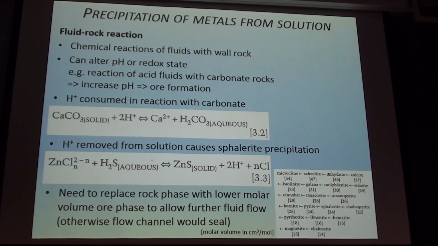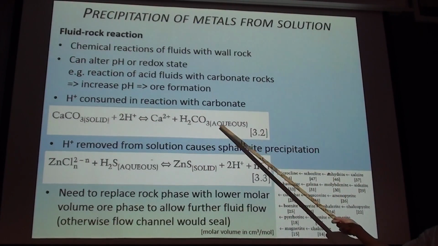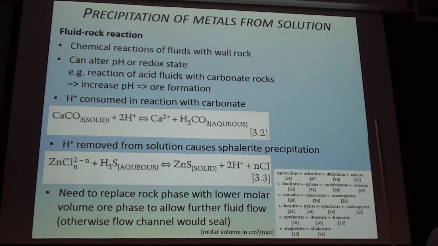The last way is by reaction with the host rock. That can alter the pH of the hydrothermal fluids, especially if we react an acid solution with some kind of carbonate rock. That's first-year geochemistry. The carbonate, calcite in this case, reacts with hydrogen and forms carbonic acid.